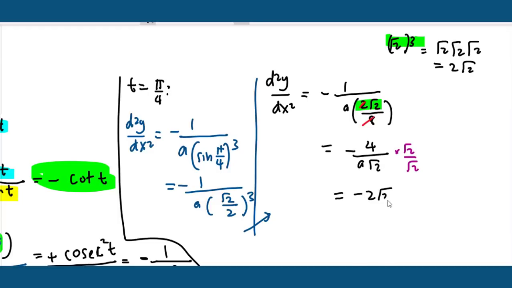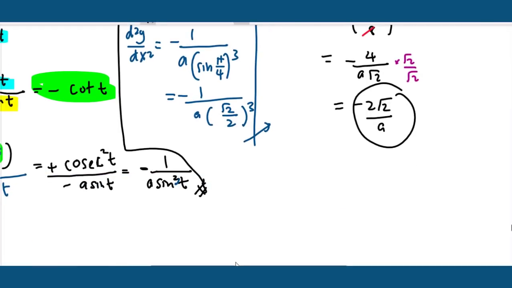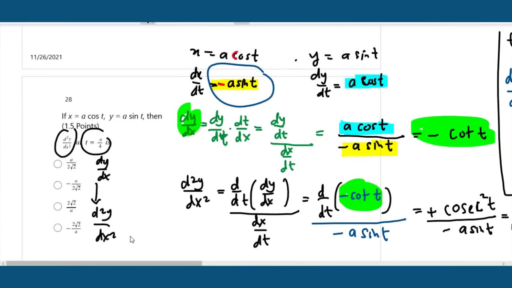Cancel, get 2 root 2 over a. So check the answer in the options: it is negative 2 root 2 over a. Okay, so the answer is here, negative 2 root 2 over a.